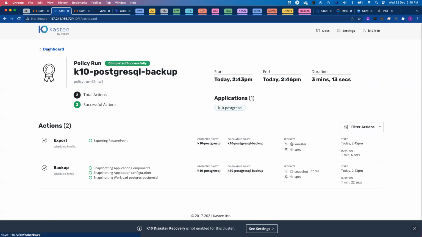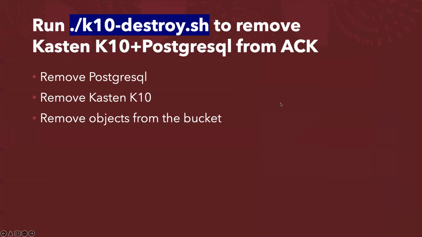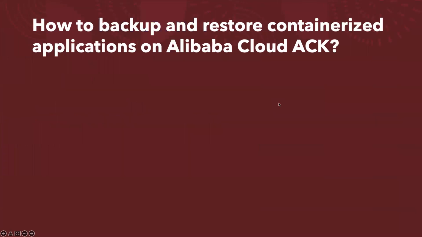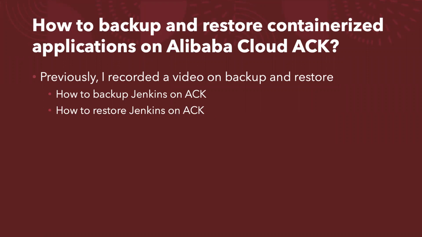Since the backup job completed successfully, first of all, let me show you how to run a restore job. Before I do the restore, let me come back to my slide deck. So, how to run the backup and restore of a containerized application on Alibaba Cloud ACK. I have a recording from earlier where I showed how to run the backup and restore of the Jenkins application on an ACK cluster.